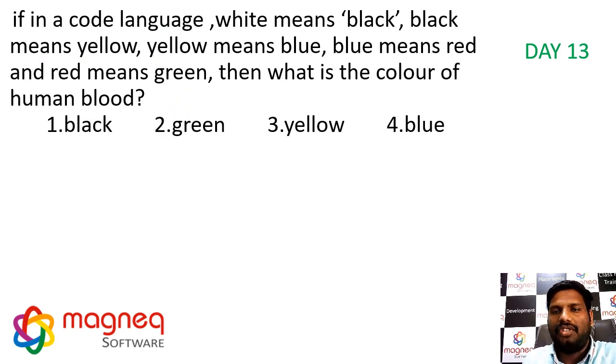If in a code language white means black, black means yellow, yellow means blue, blue means red, red means green, then what is the color of human blood? We know blood color is red.